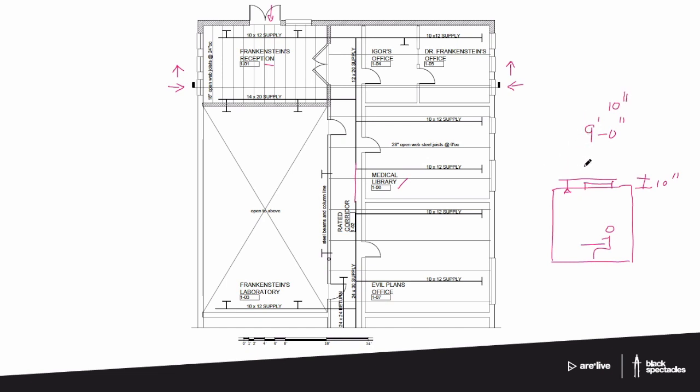And then the next thing we're going to have is some duct work here somewhere. So there's going to be some big duct that's got to be able to get around. And then above that, there's going to be our structure. So we've got the 9-foot ceiling, we've got the 10-inch space for the light fixtures and for the sprinkler.